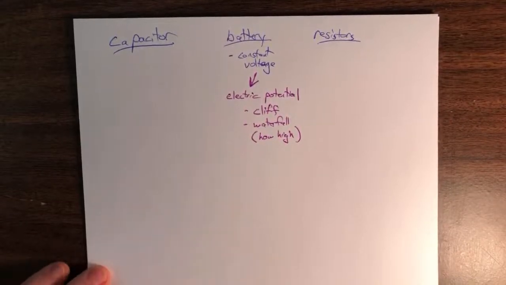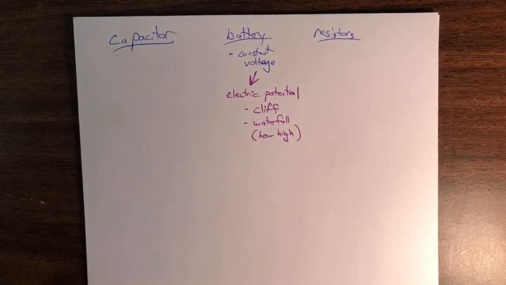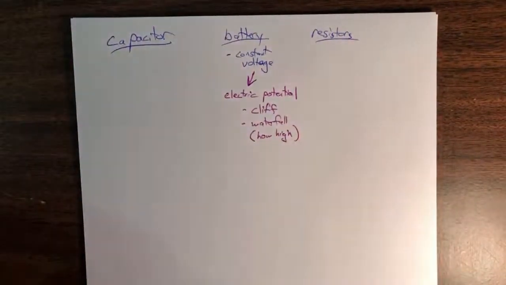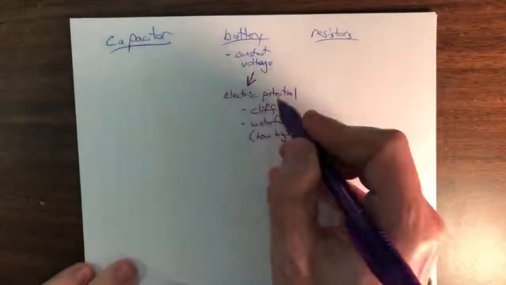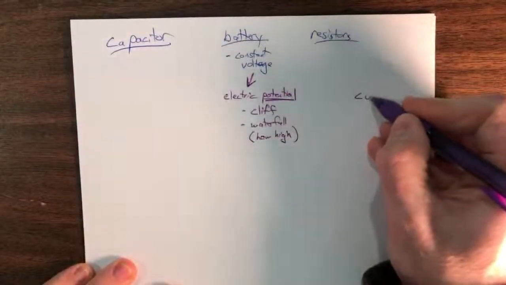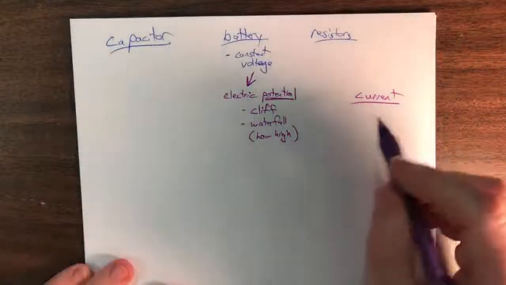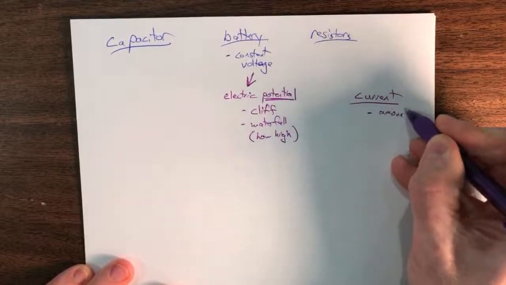All right, and so later on we're going to talk about something a little bit more in detail, and that is electric current. So, electric potential. So your electric current is more like measured in amount of flow.